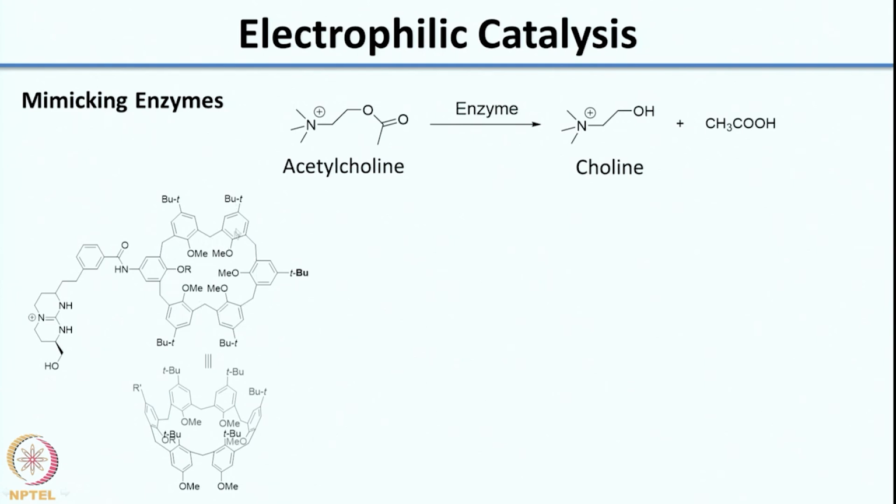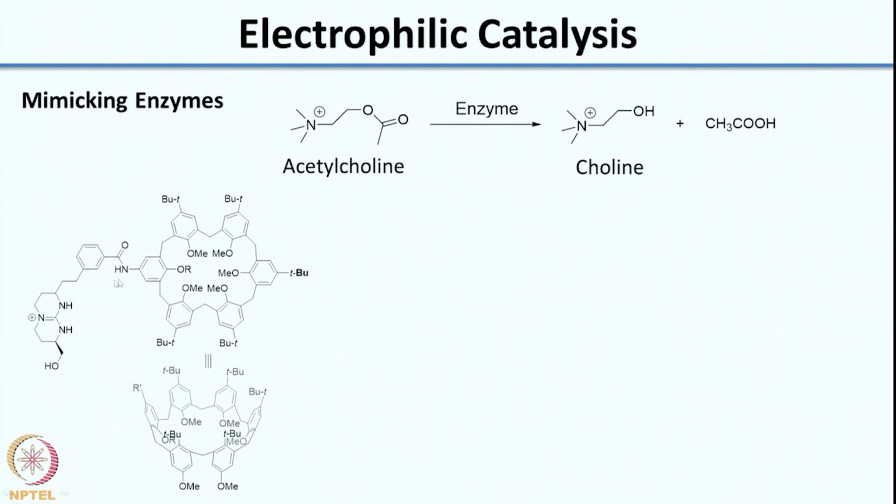Now look at the substitution pattern on the aromatic ring. On one side you have OMe and on another side you have a large T-butyl group. So you have the T-butyl group on 5 of the rings and you have OMe again on 5 of the rings. On one of the rings you have OR where R is cyclohexane, it is not shown here.